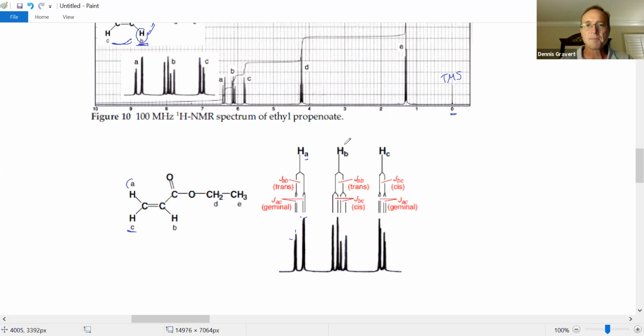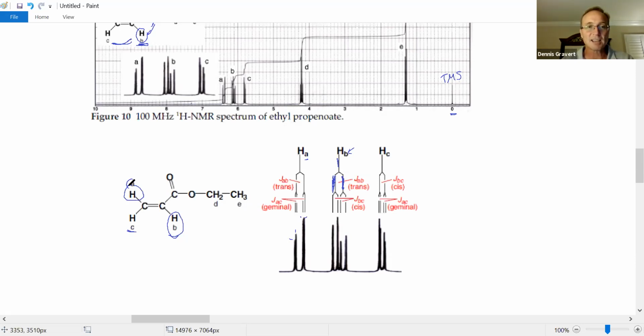Awesome. Let's talk about what the peak from hydrogen B is doing. Hydrogen B is right here. What's going on with you? Well, first, the neighbor that's trans, this hydrogen, is splitting it into a nice clean doublet. So it splits the original peak into a doublet. And the coupling constant, the distance, is the distance J_AB.